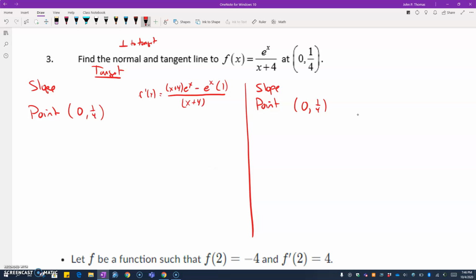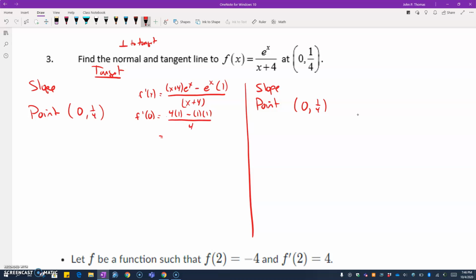We're particularly interested at the point when x is 0. So if I plug in 0, I get 4 e to the 0, which is 1, minus e to the 0, which is 1, times 1, all over 4.